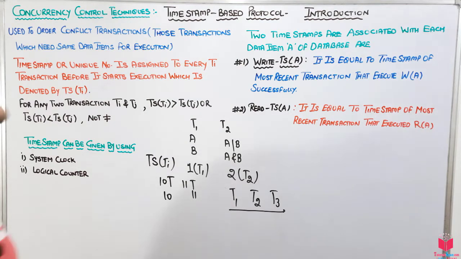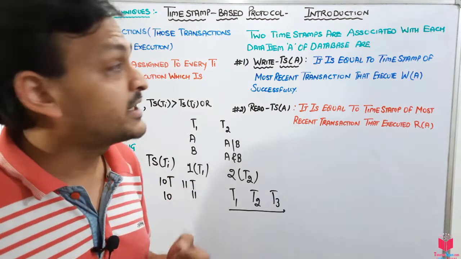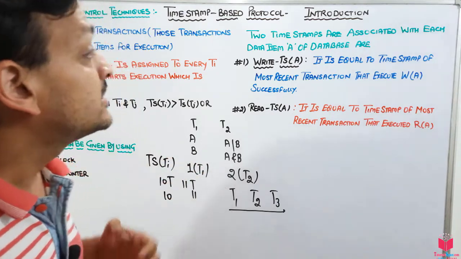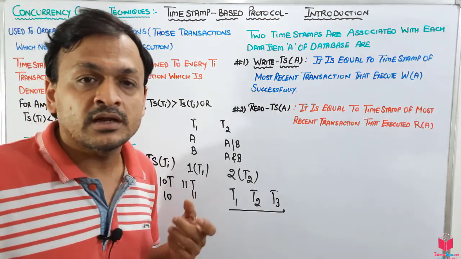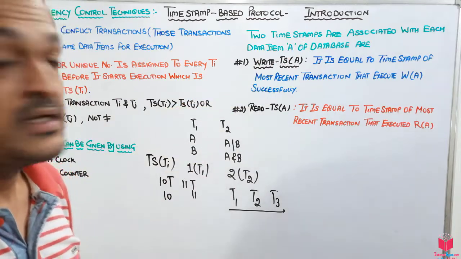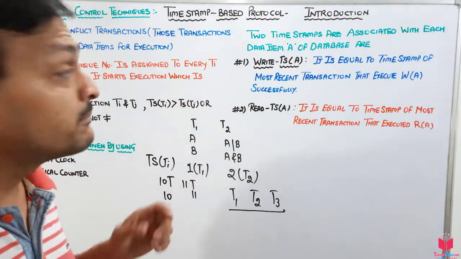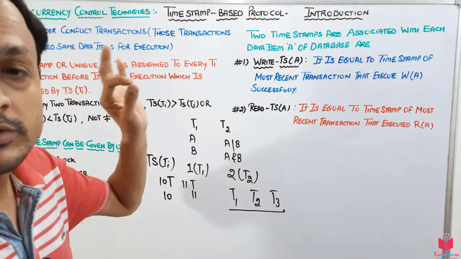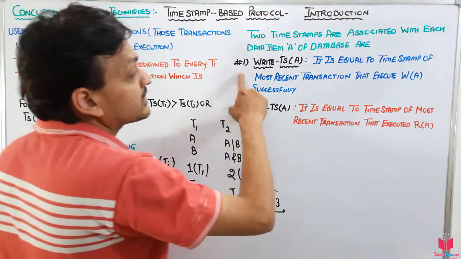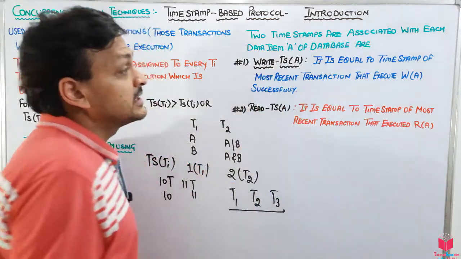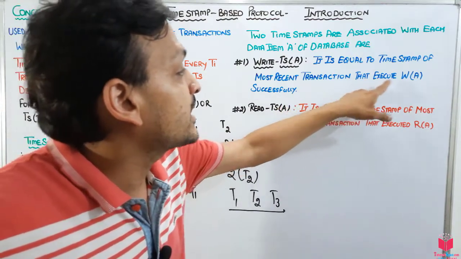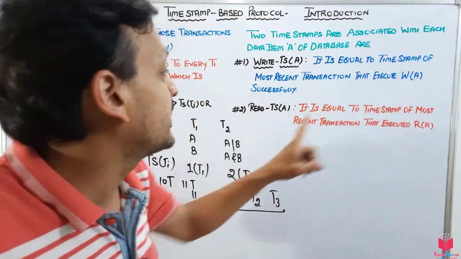Now another term is here: two timestamps are associated with each data item of a database R. That means the variables which are going to be used in the transactions will also have two timestamps. A transaction will have a timestamp, but the data item will also have two timestamps, the first of which is the write timestamp of A. That means it is equal to the timestamp of the most recent transaction that executed write(A), a write operation on A, successfully.